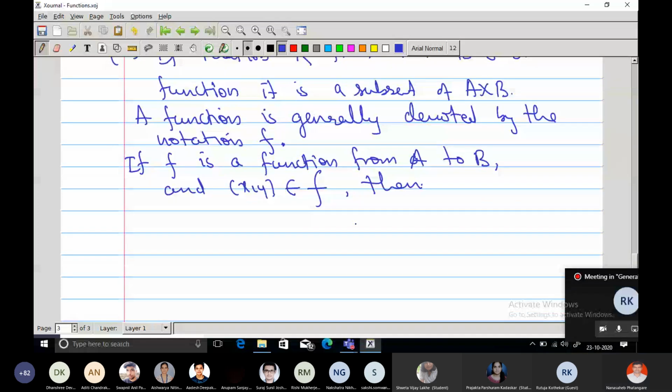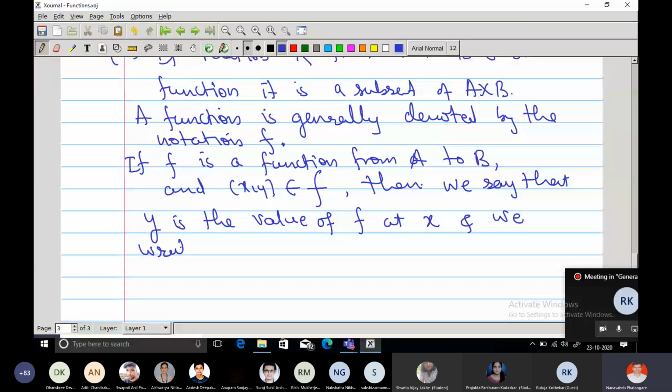Then we say that y is the value of f at x, and we write it as f(x) = y.